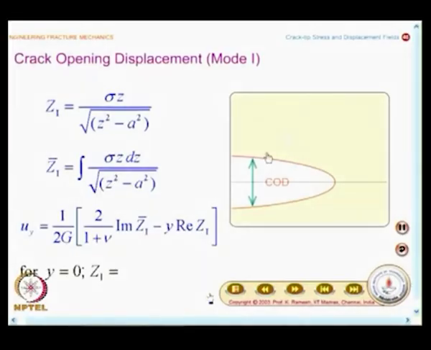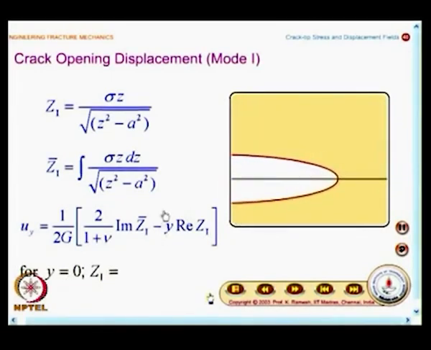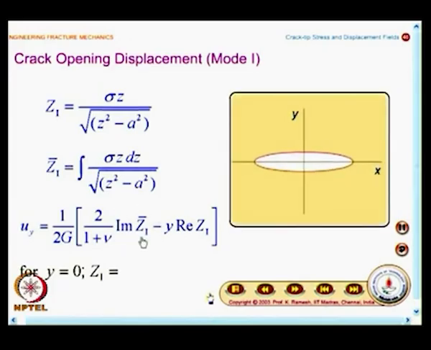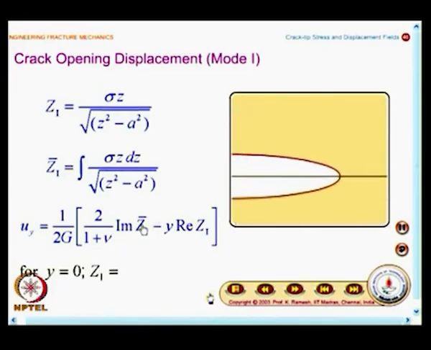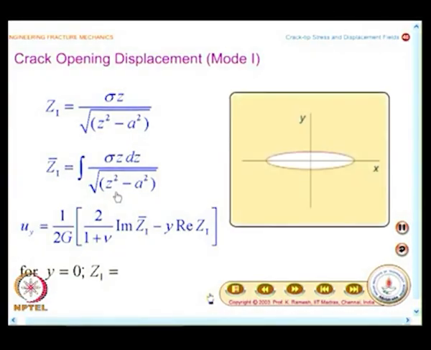When you substitute y equal to 0, this term knocks off. So, essentially you will have to calculate the imaginary part of Z1 bar, and Z1 bar is given in this fashion. Now, you have to go and integrate this equation and find out what is the final expression you get.